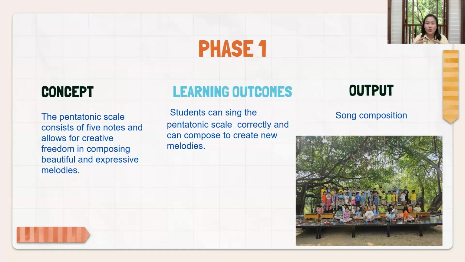They need to have this oral memory of the pitch before they can create their own. After this, they will have a song composition, not a very formal one. From these 5 notes, they will make any sound they can create by themselves or in groups, and that's already a composition.